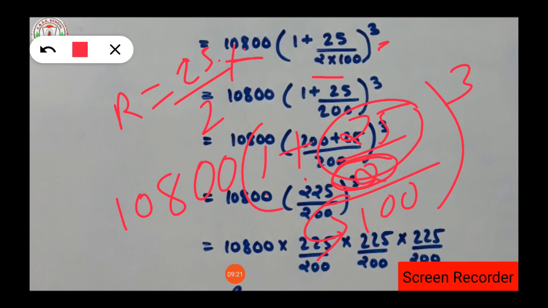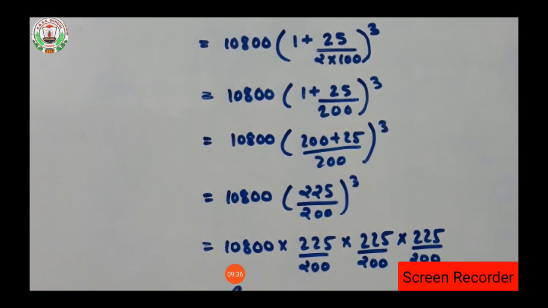That's why 2 into 100 comes here. Have you understood how 2 into 100 comes? Because R is given as 25 upon 2, this 2 will be multiplied with the denominator 100. So the equation will be 10,800 into 1 plus 25 upon 2 into 100, which is 200, whole to the power T, where T is the time. Clear?